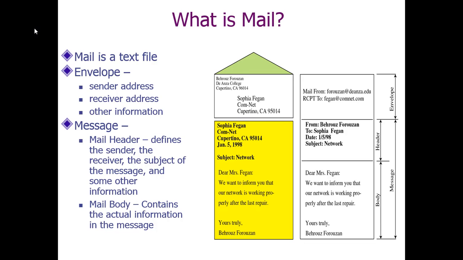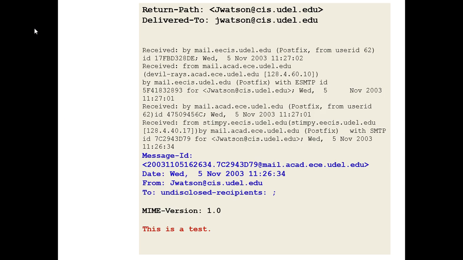In this figure, you are able to see the different parts that I just explained: the envelope and the message, which has all the required information to be sent across the network. This is a snapshot of how an email would look, and what it contains.